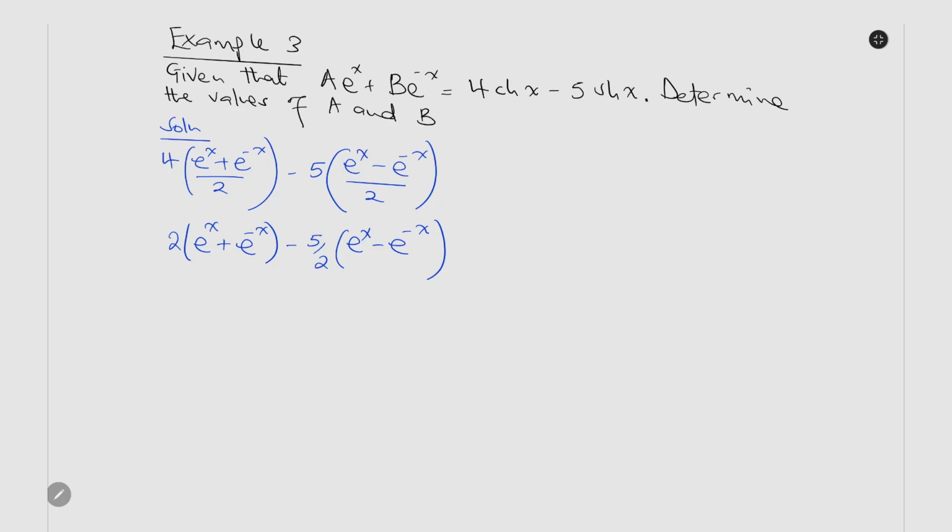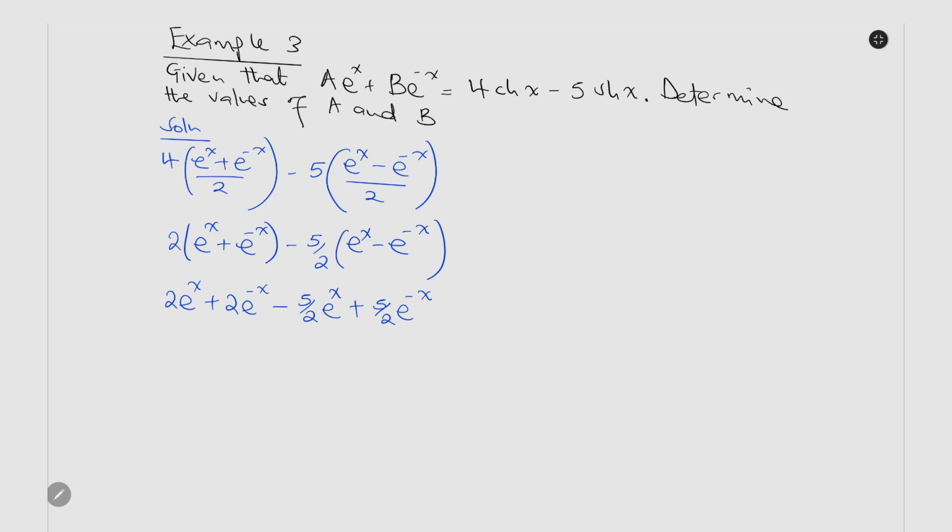Okay, I hope you see what I've done there. Now I want to open the brackets. If I open my brackets, I will have 2e^x plus 2e^(-x) minus 5 over 2 e^x plus, of course you have to remember this is negative and negative, so we have a positive here, plus 5 over 2 e^(-x).